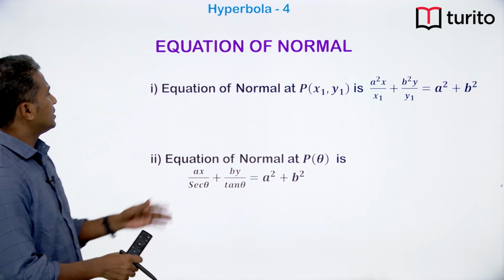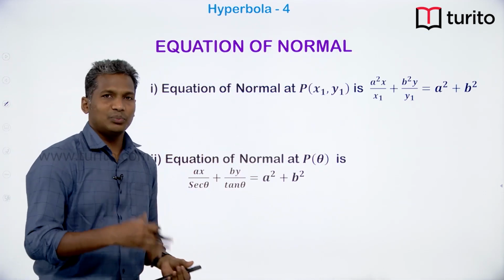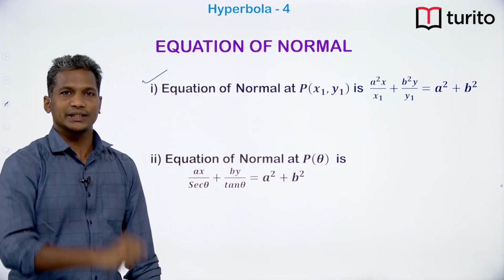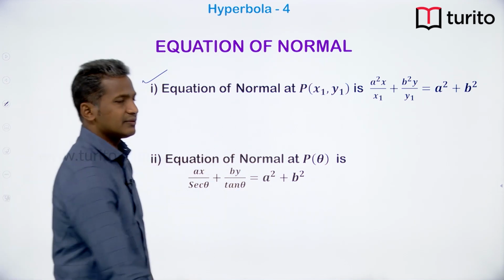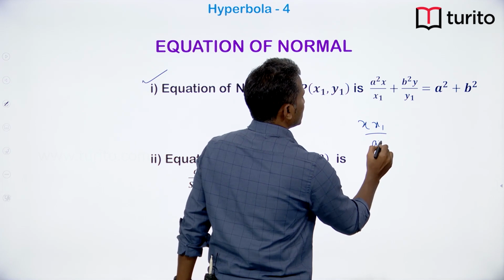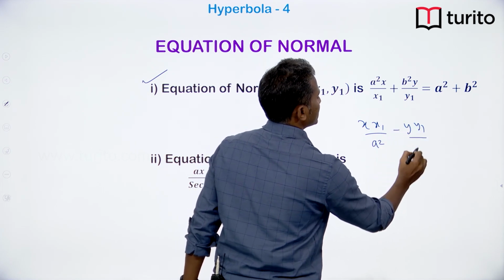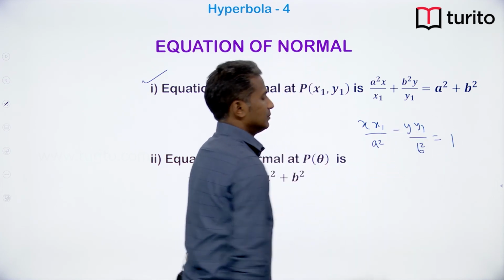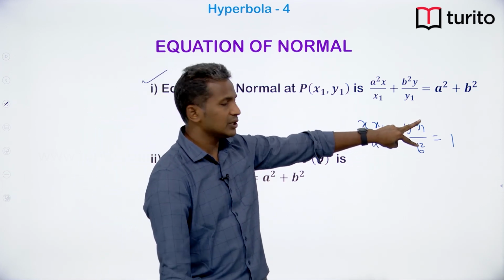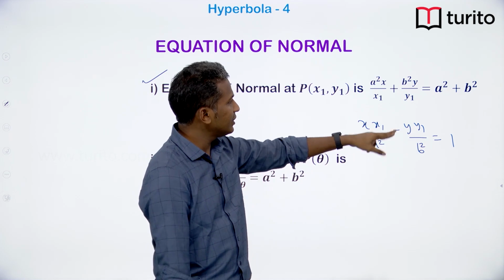So, what is the normal at a point? Again, the point is on the hyperbola. We have derived this by reversing the coefficients. Okay. So, if we compare this with the tangent at a point form, it was something like this. So, what did we do here? We flipped the coefficient of x, we flipped the coefficient of y, and then we reversed the sign.